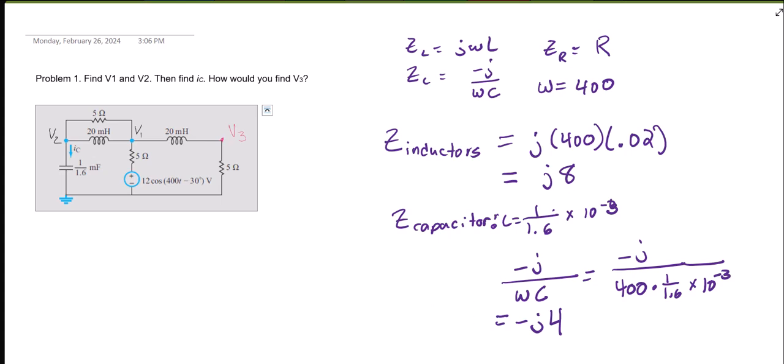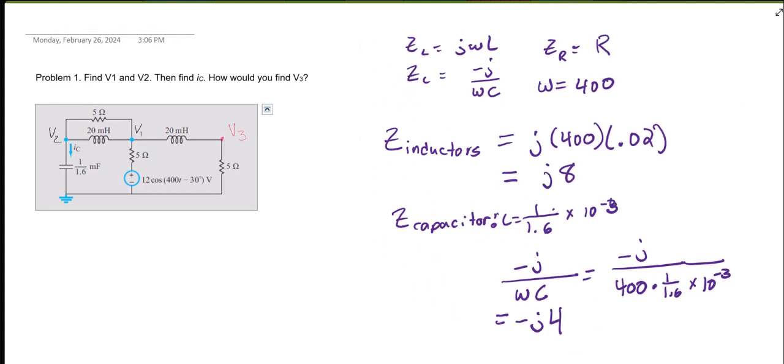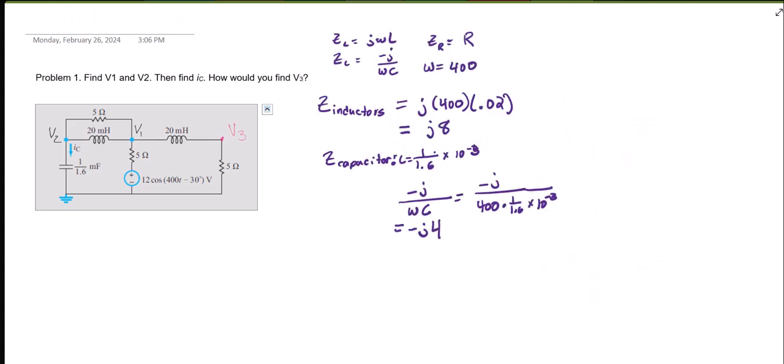And so when we redraw our circuit, we'll have minus J4 for our capacitor, J8 for our inductor, 5 for our resistor, and that's where I have V1, here's where I have V2.